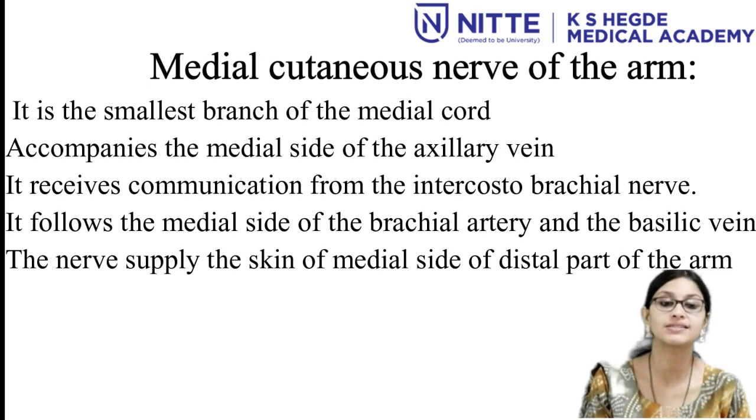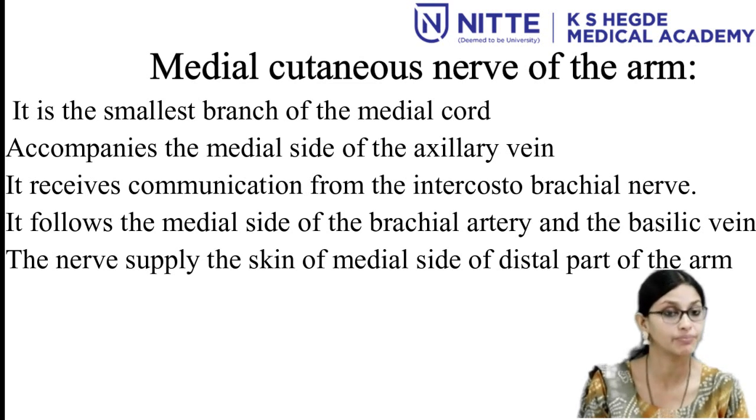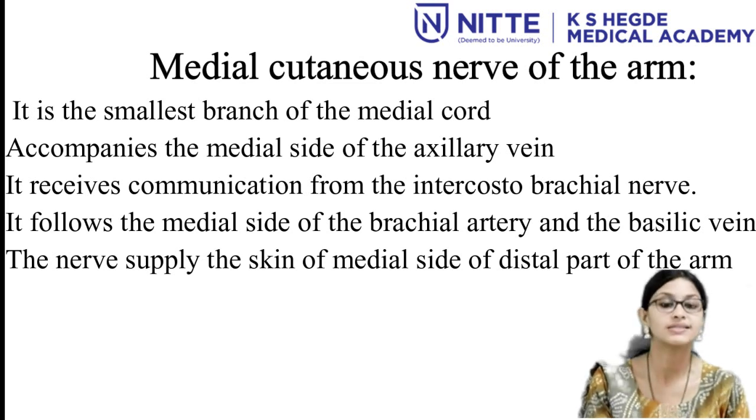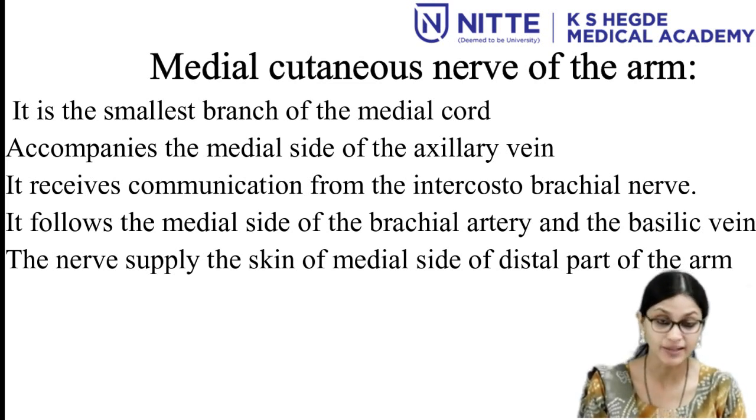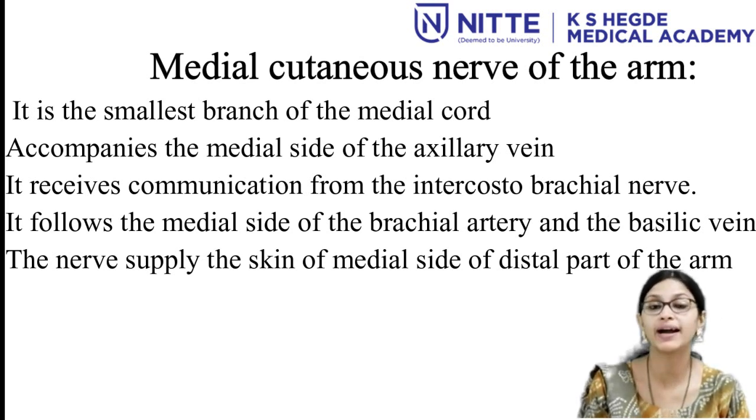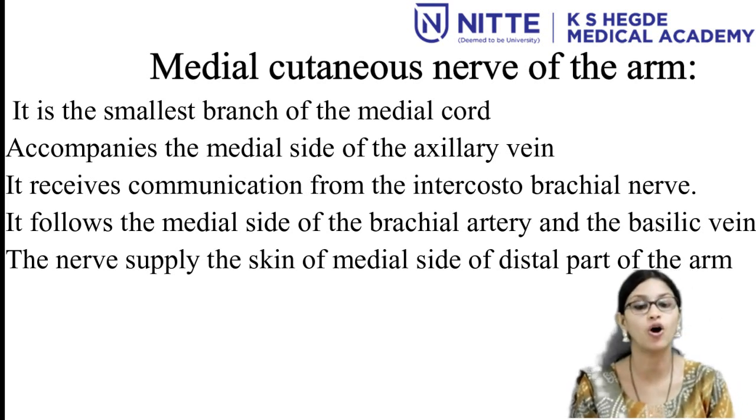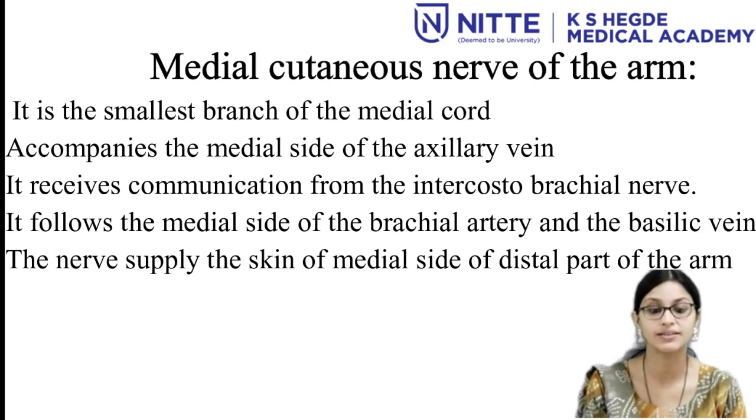Now, the medial cutaneous nerve of the arm is the smallest branch given by the medial cord, accompanying the medial side of the axillary vein. It receives the communication from the intercostobrachial nerve, and this intercostobrachial nerve is the undivided lateral cutaneous nerve of the second intercostal nerve.